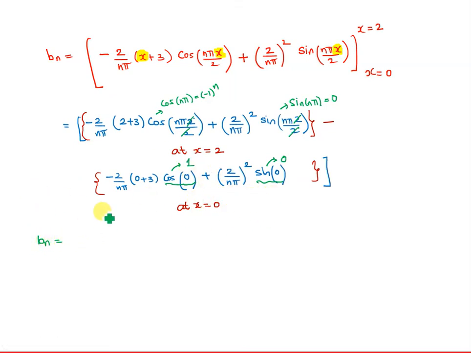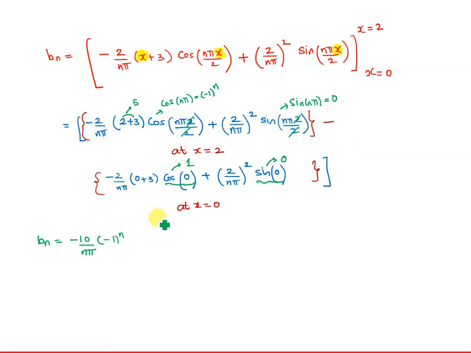Bn, as first term. See, 2 plus 3 gives you 5. 5 times 2 gives you 10. So we can directly write minus 10 over n pi, and for this term, minus 1 to the power n. This term cancels out to be 0 because anything multiplied by 0 becomes 0.